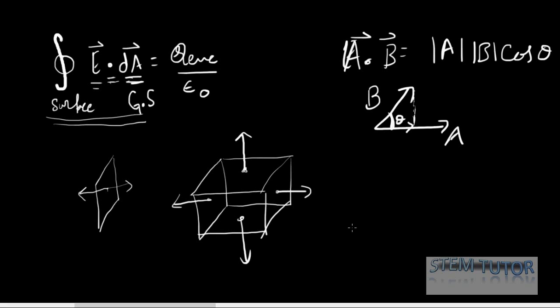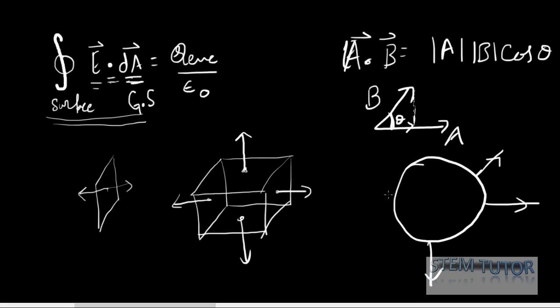So the direction of the area is perpendicular to the surface, and it always points outwards from a closed surface. Suppose you had a sphere, then what is the direction of the area? It's going to be perpendicular and outwards, so area is going to point like this from a sphere.